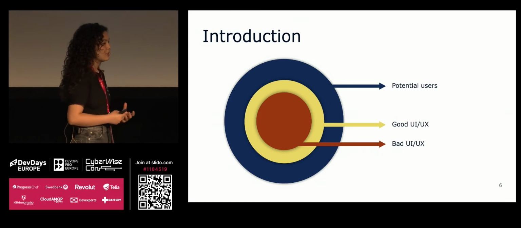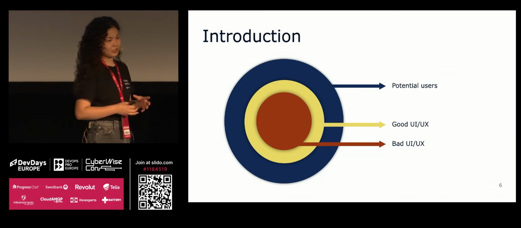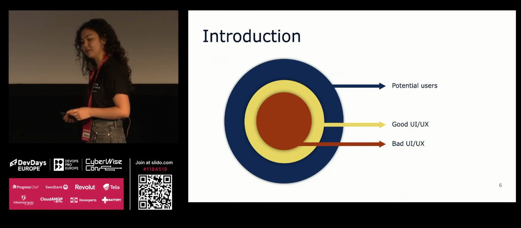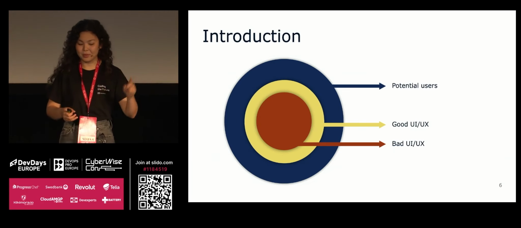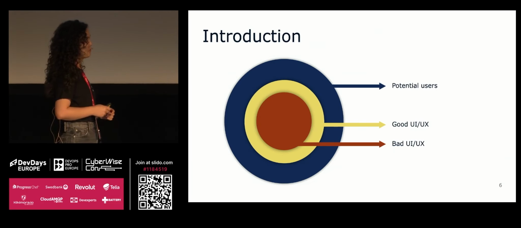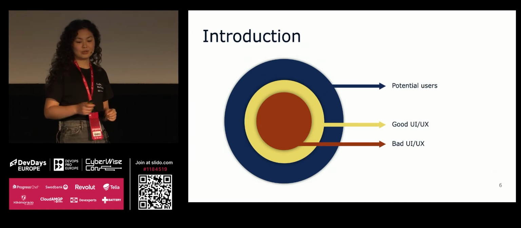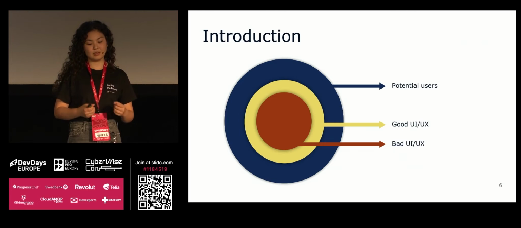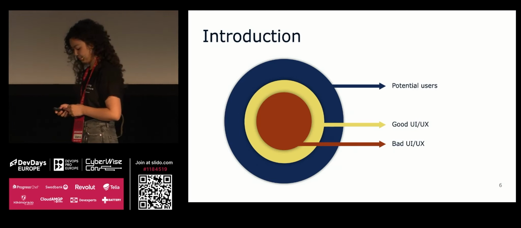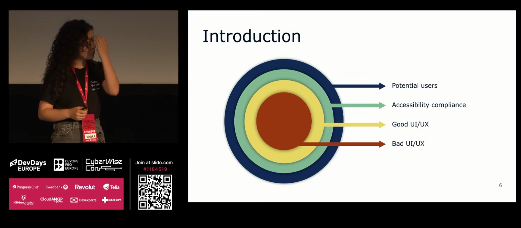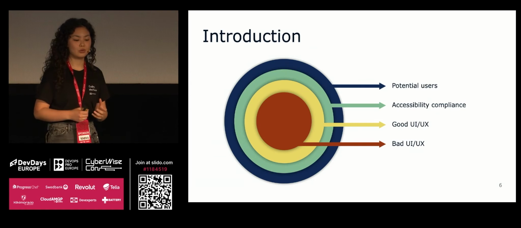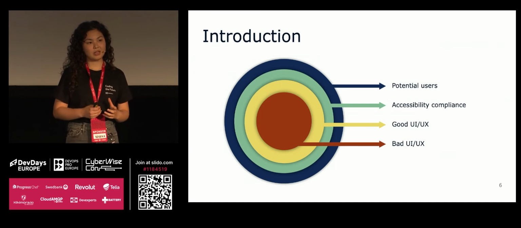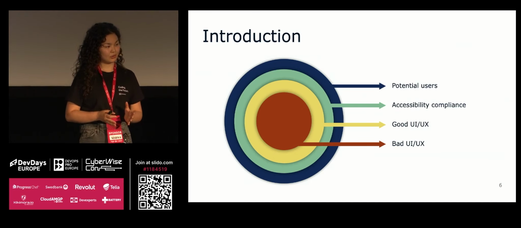However, that still leaves out a considerable chunk of potential users: 300,000 people only in Lithuania who might find your product hard to use, depending on their physical and cognitive abilities. That's where accessibility comes in, to try to get that percentage as close to 100% and make your product truly inclusive.